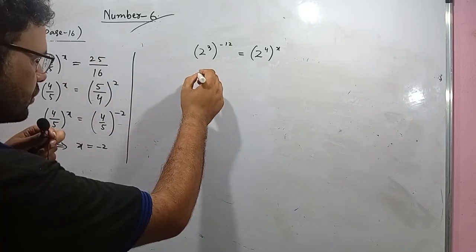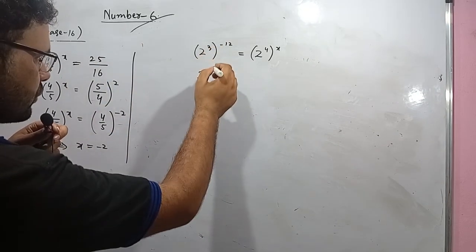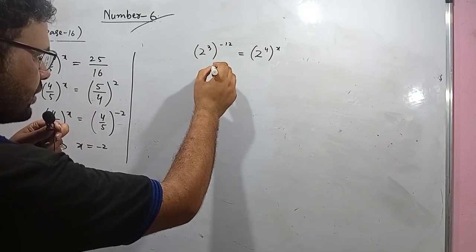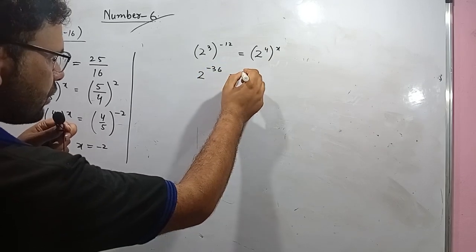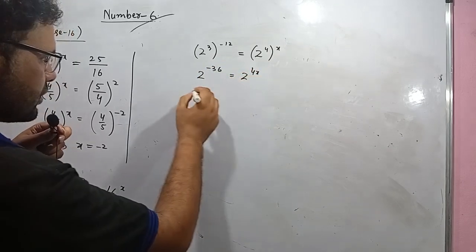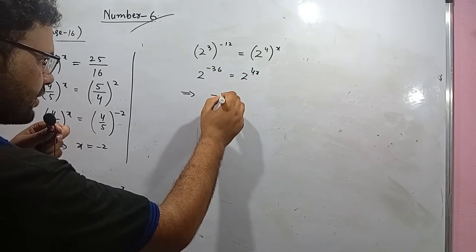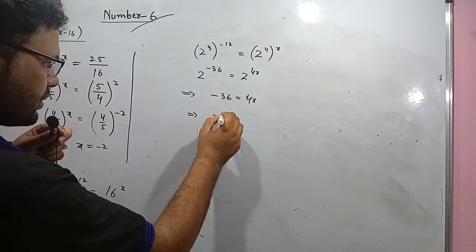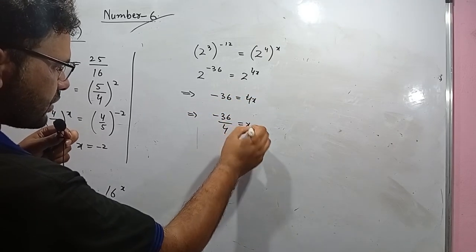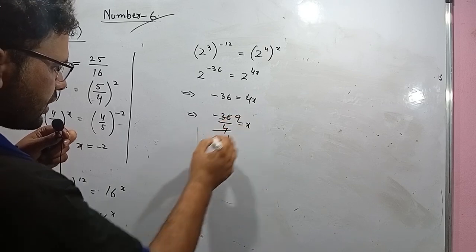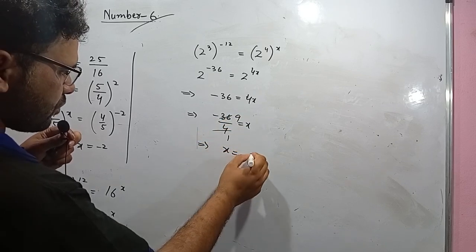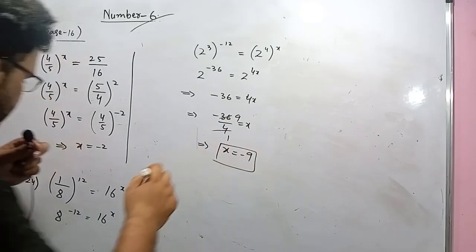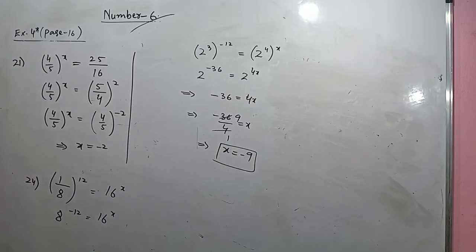Now I will solve it. 2 power 3 into 12, it is -36 equals 2 power 4x. Since bases are same, I can write -36 equal to 4x. Then I can write -36 divided by 4 equal to x. 4 9s are 36. I can write x is equal to -9. So this is the answer of the question number 24.